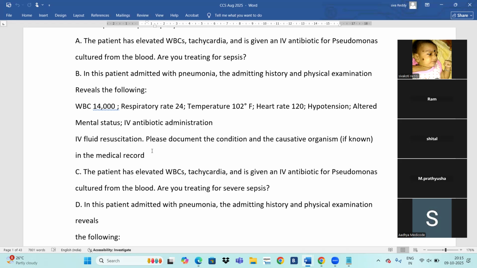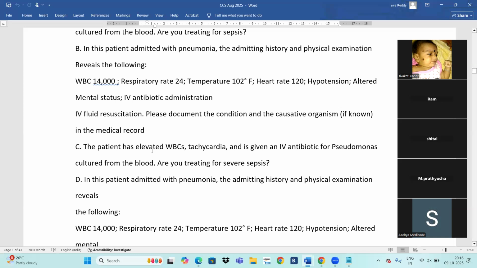So here option A should be leading, non-compliant. Option B: here see, they gave all the indicators, but they did not mention the diagnosis. These indicators are not meant for a particular diagnosis. They are saying respiratory rate, temperature, heart rate, hypotension, altered mental status, IV antibiotic administration, and IV fluid resuscitation.